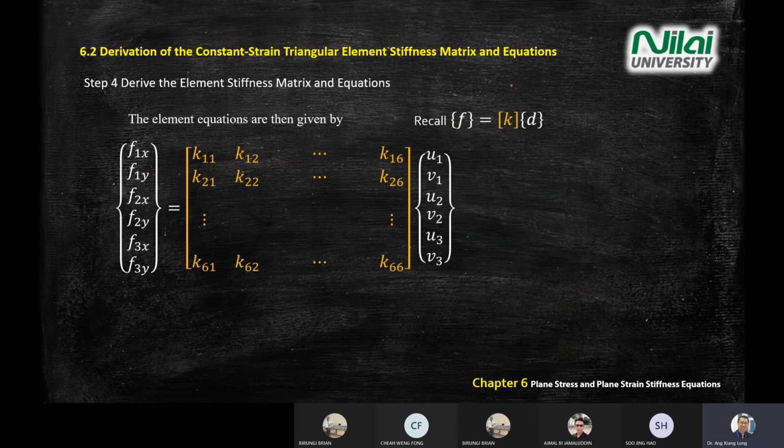Then after that, you put in the f equals kd equation again, small f equals kd. So you're going to get a 6 times 6 matrix normally for plane stress analysis. Why do you know it's 6 times 6? By now, you look at the displacement, you already know the form of your K matrix. You have 3 points, and each point gives you 2 displacements: U1, V1, U2, V2, U3, V3.